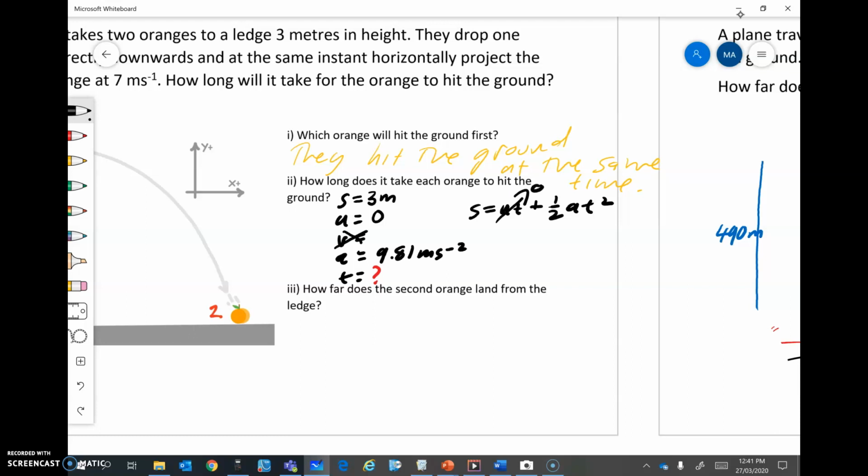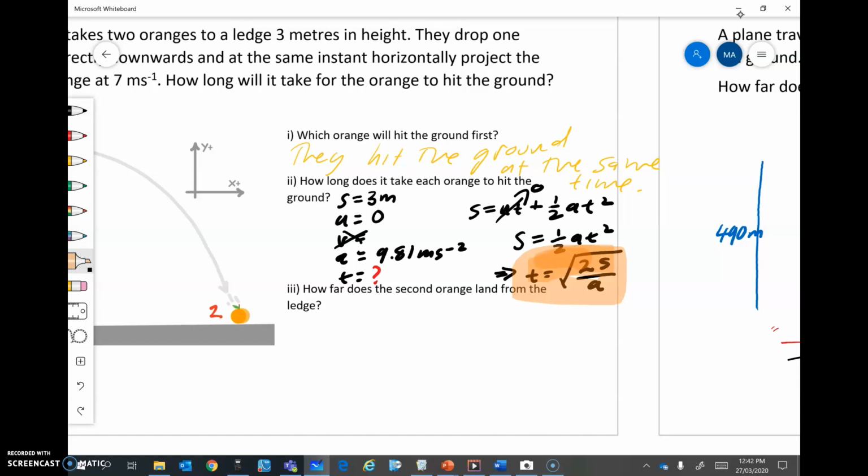So we get that s equals a half at squared. And as discussed, this rearranges to this, which is extremely important, that equation. And if you practice enough, you will start to remember this off by heart.